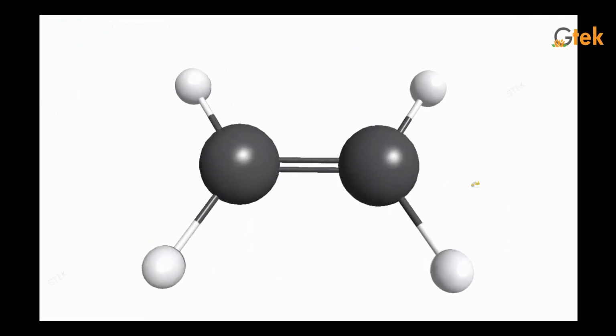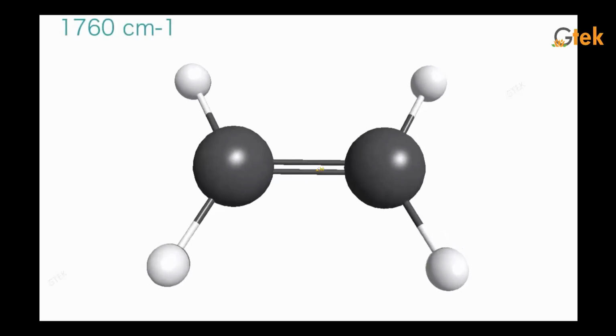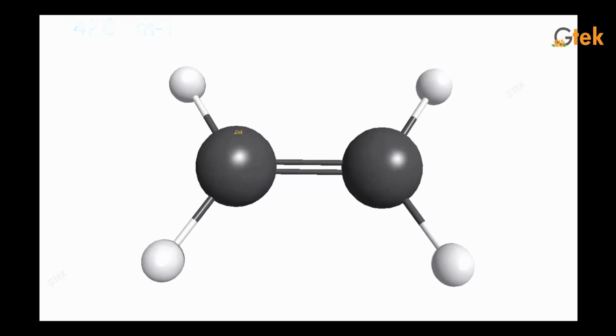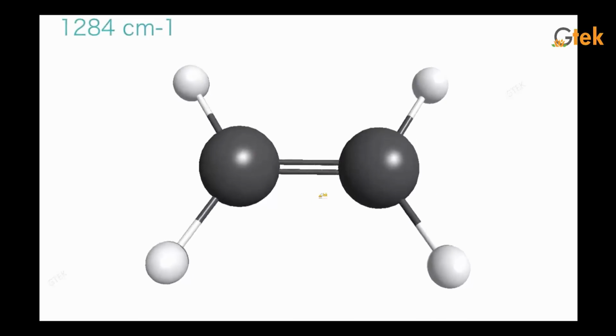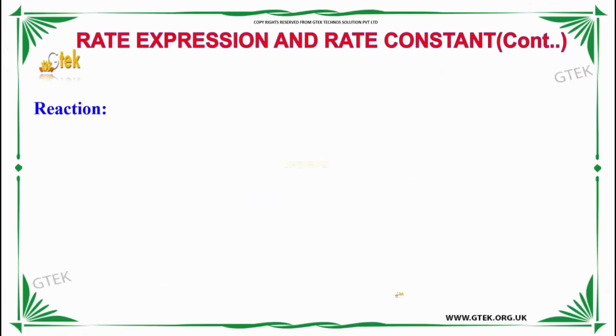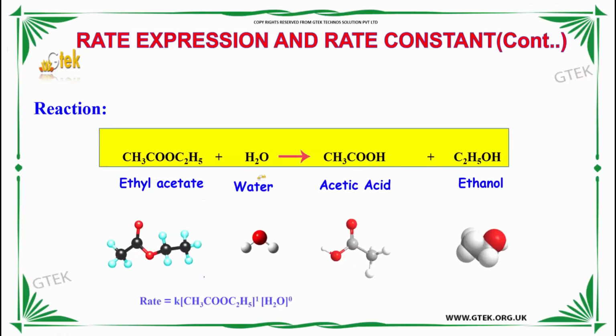Here is the 3D molecule of ethyl acetate. In between the carbon atoms you have the double bond and you have single bonds at top and bottom. This is the structure of ethyl acetate. Now I have a typical example with water.